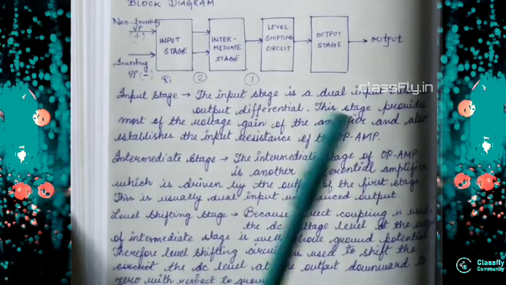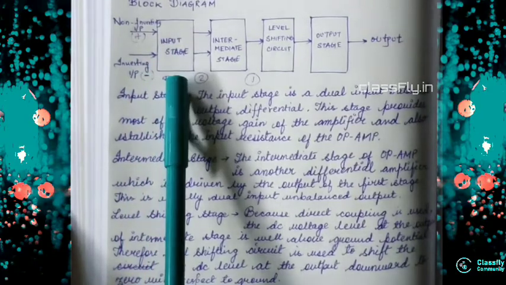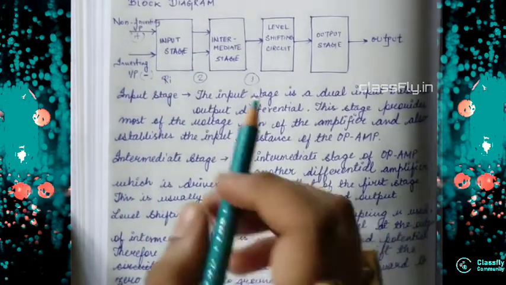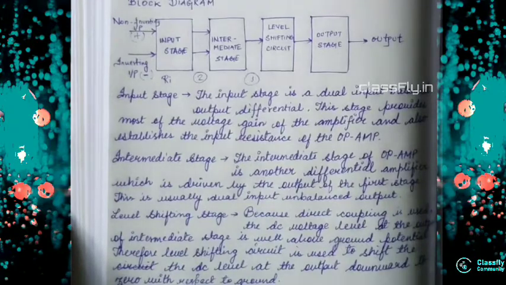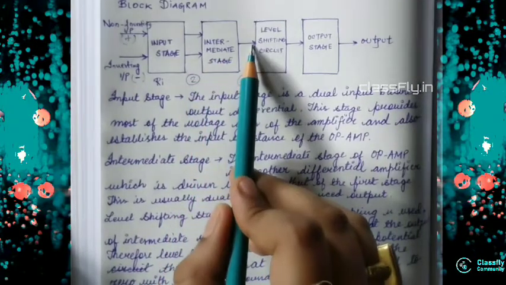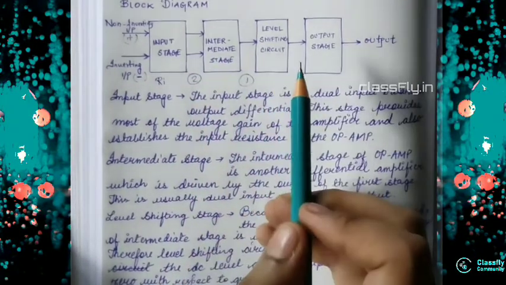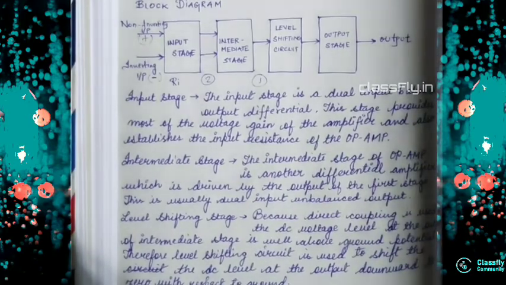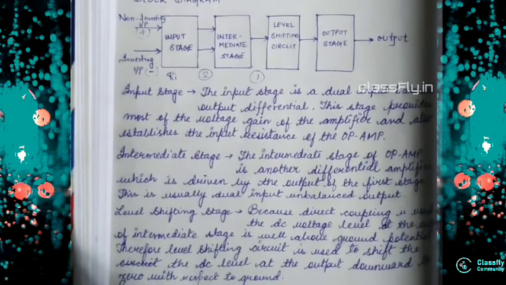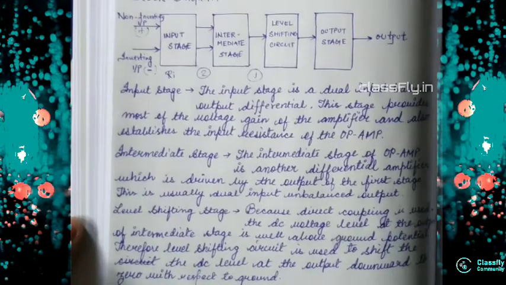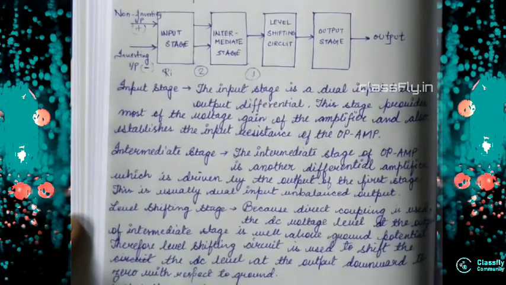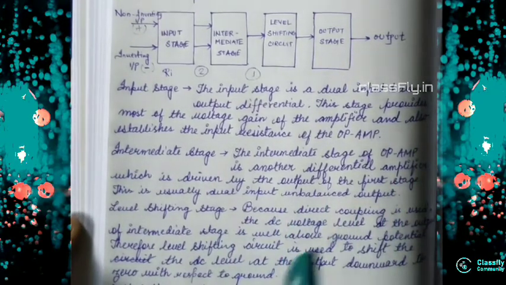Error voltage means whatever error the voltage has in the input stage, it will cancel out, and then it will give its output to the level shifting circuit. I hope you all understood till this. Now let's move on to the third stage, the level shifting circuit. Because direct coupling is used, the DC voltage level at the output of the intermediate stage is well above ground.